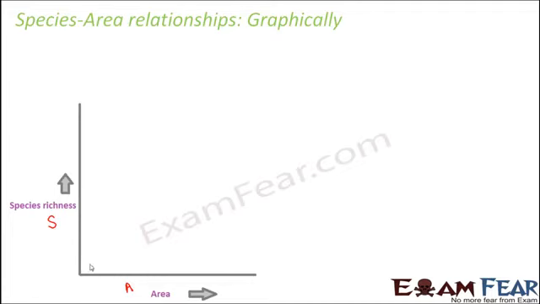So the graph is somewhat like this. Initially as A increases, S also increases, but after a certain point it doesn't increase any further. This curve also tells us the exponential relationship between S and A, right?